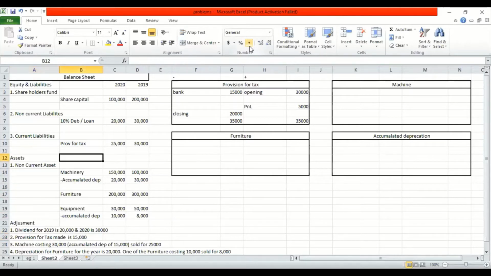So what happens over here now? I just delete this part, and as we said, the journal entry is P&L account debit to provision, that means on the credit side of provision you will be writing P&L and you will write the figure 15,000. So it becomes 45, and this will become 25.